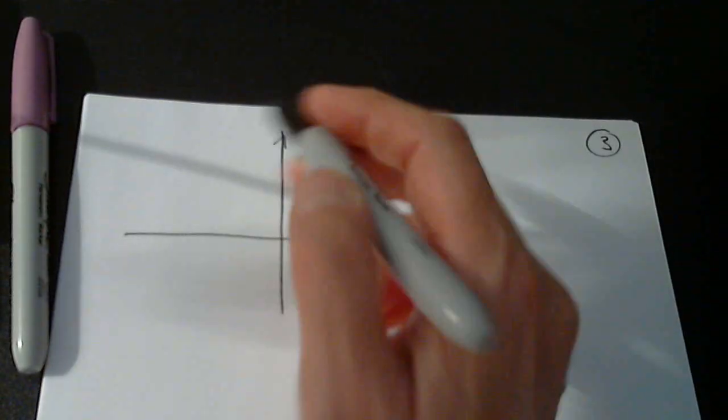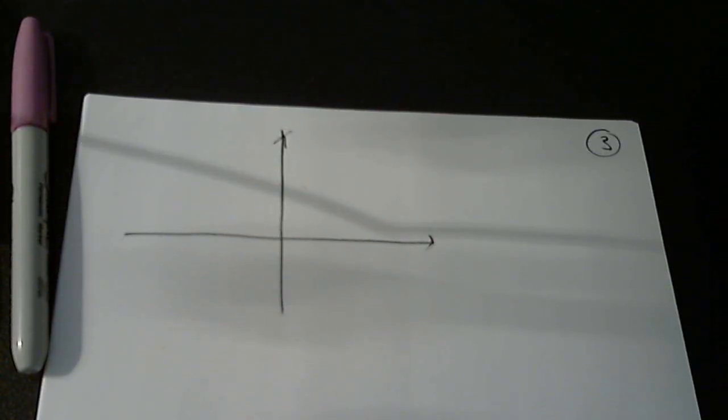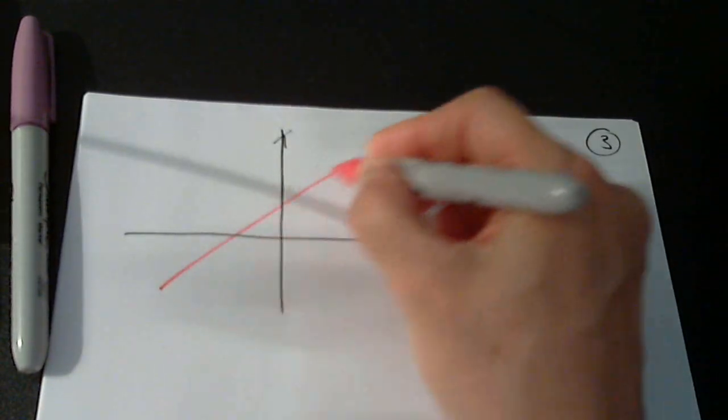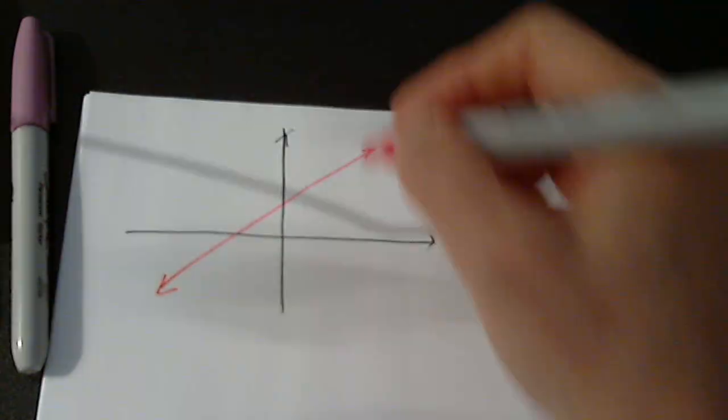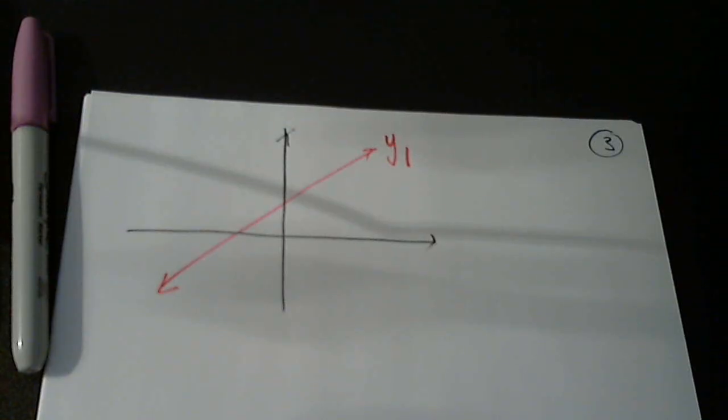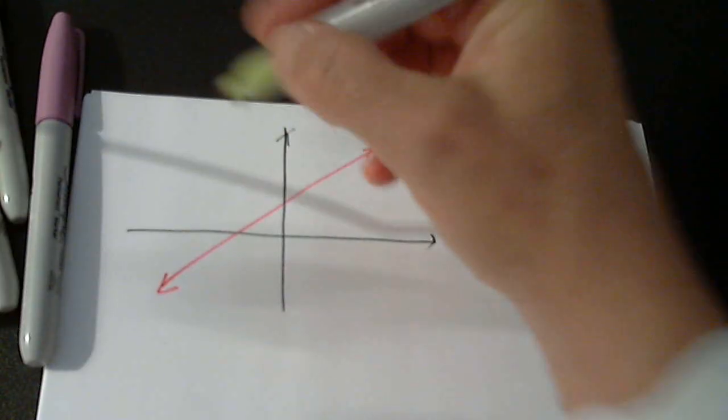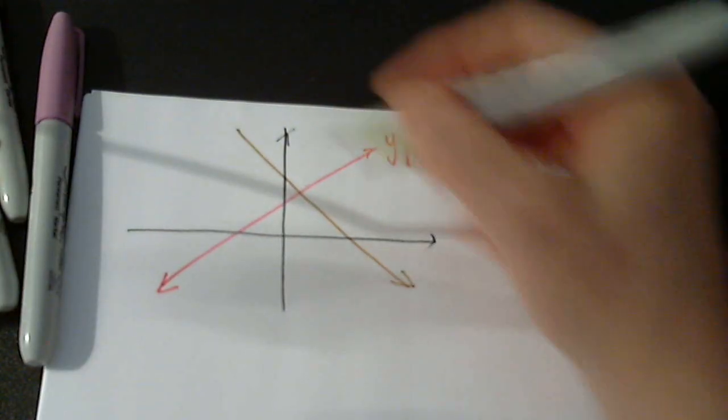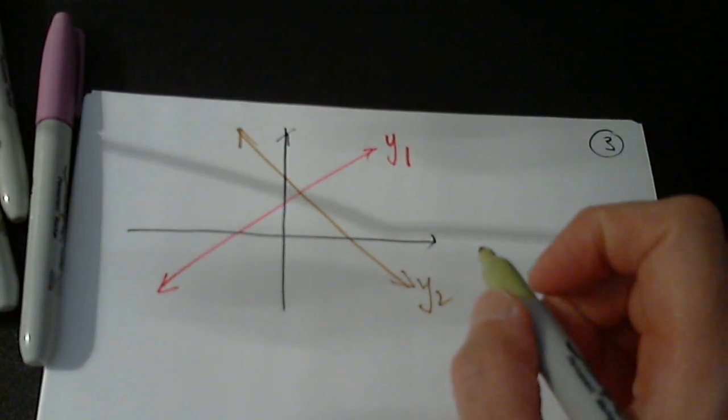Okay, so when we graph two linear equations, let's say here's one. I'm going to call this y1, as they did. And let's say here's another one. If the color is not good, let me know, please. So this is my y2.